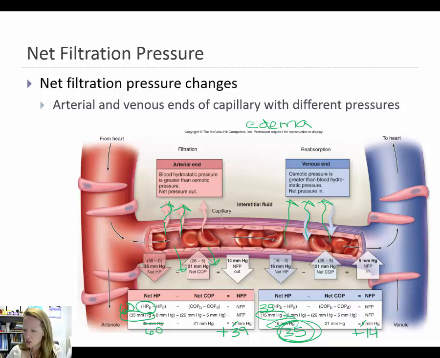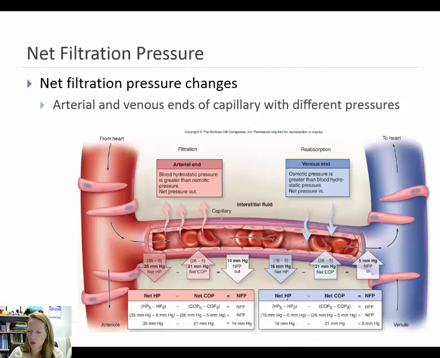reabsorption. So anytime any of these numbers changes, it's going to cause big problems. Like with your colloids, let's say that you have a liver disorder and your liver's not making the albumin like it needs to.